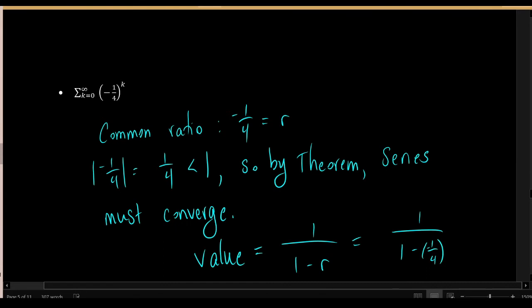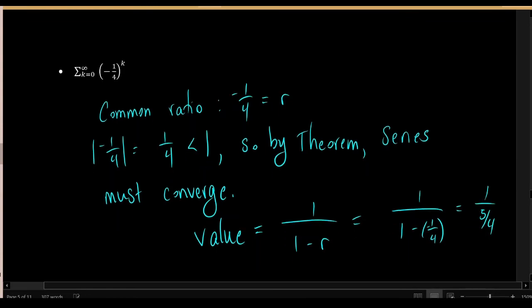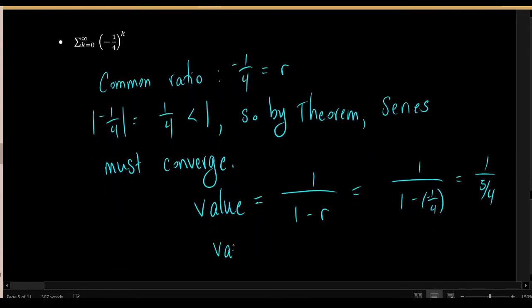So 1 over 1 plus 1/4, 1 over 5/4, which is equal to 4/5. That is the number that is equal to the result of adding together all the terms in this geometric sequence.